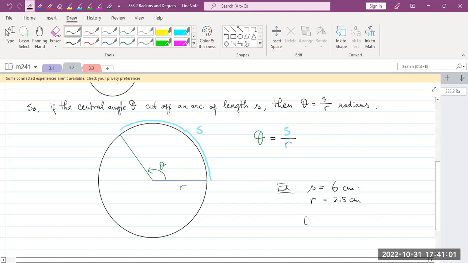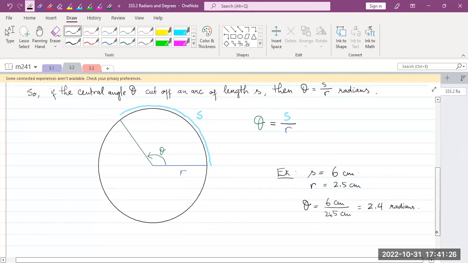Then what is the central angle in radian? The central angle in radian will be 6 centimeter over 2.5 centimeter, which will give us 2.4 radians.